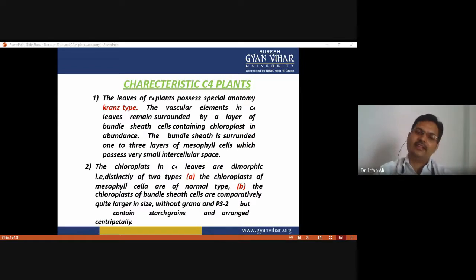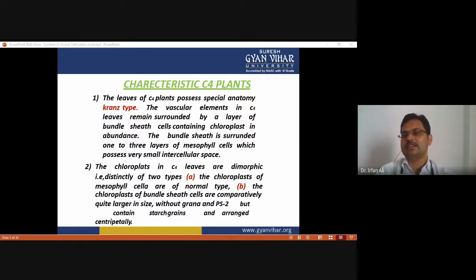Another difference between the chloroplast of mesophyll cells and bundle sheath cells is the presence of grana. The chloroplast that is large in size and found in the bundle sheath cell does not have grana.